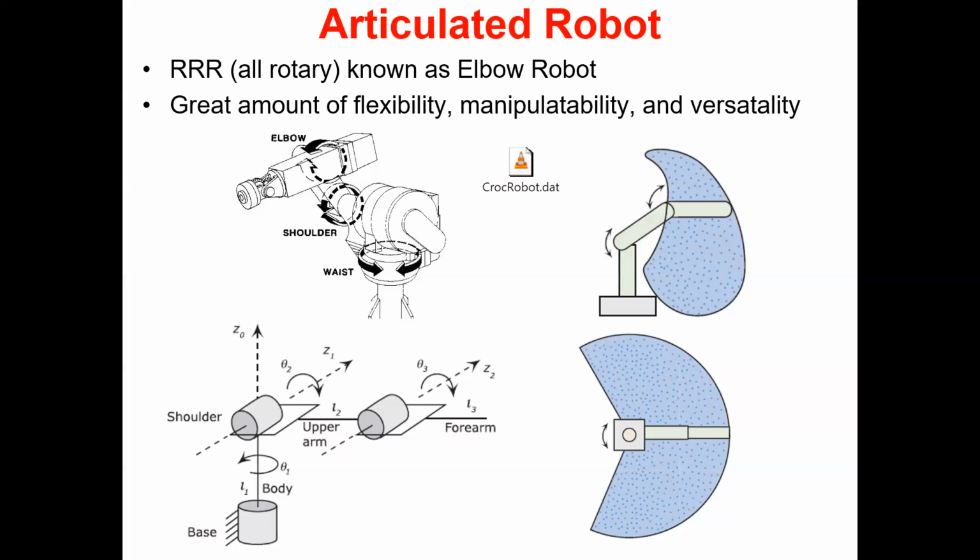It can reach out like a snake, right? When a snake is wound, it takes a very small volume, but when it is stretched, it can access a big volume. So these are the highlights of articulated arms.